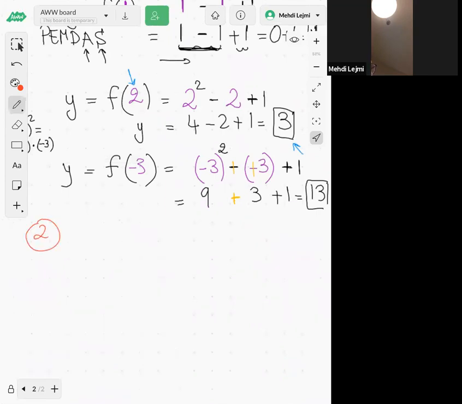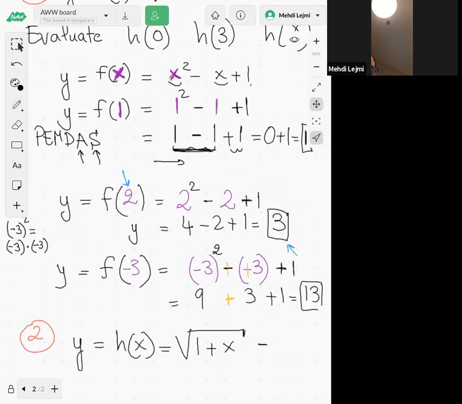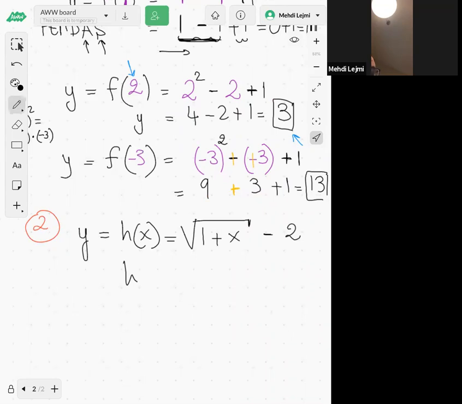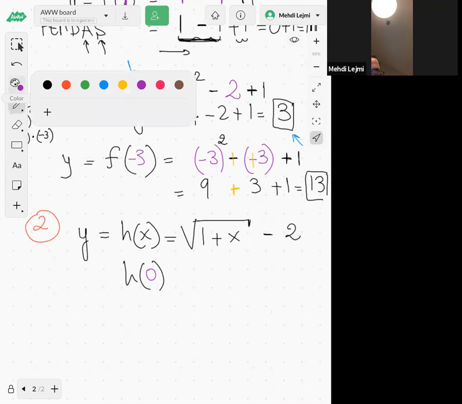So y is h of x, a function of x, and it's actually equal to 1 plus x minus 2. Let's evaluate first h of 0. My input x is 0, and I'm trying to find the corresponding output y.